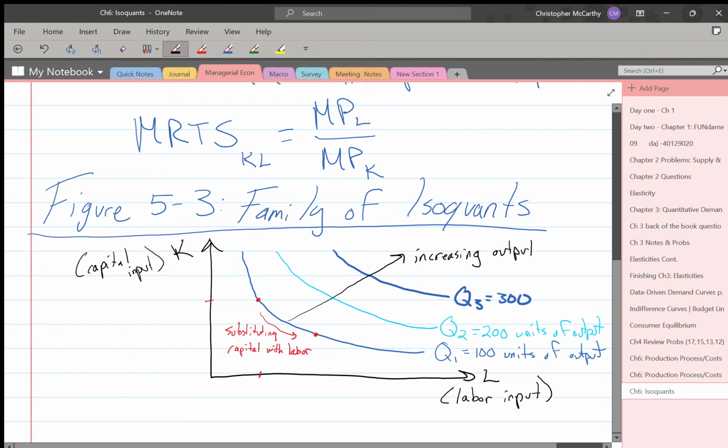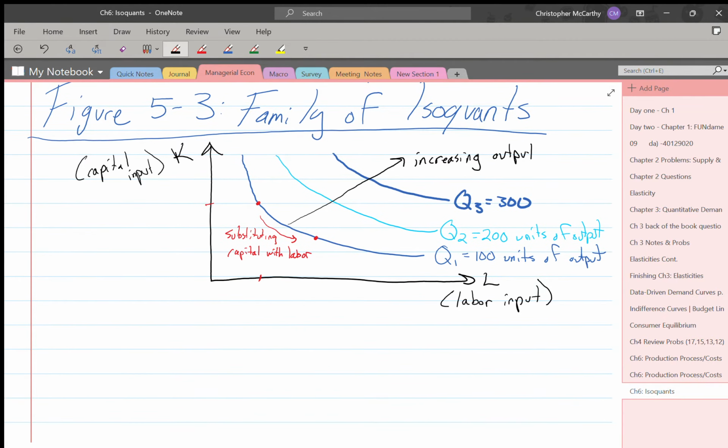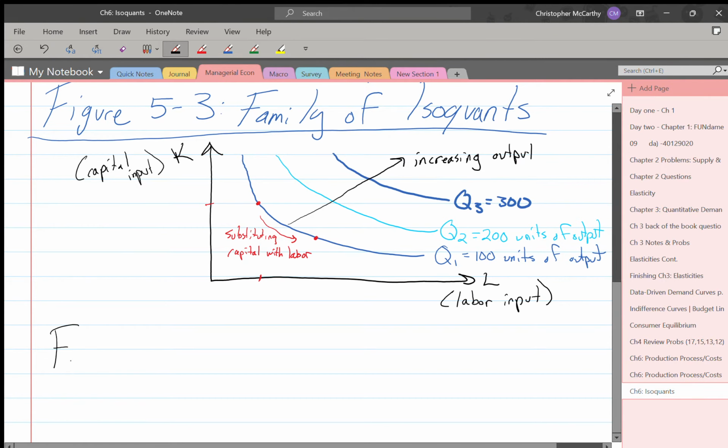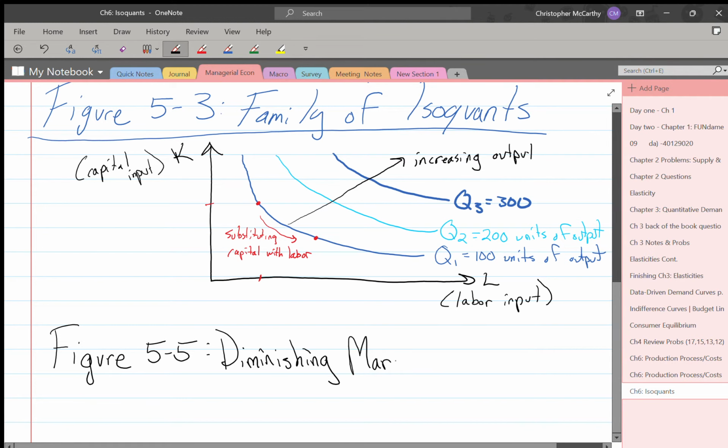And so within all of these graphs, we have a diminishing marginal rate of technical substitution.